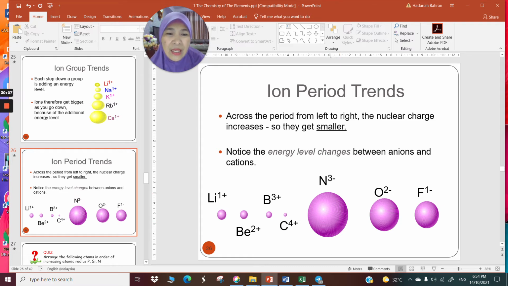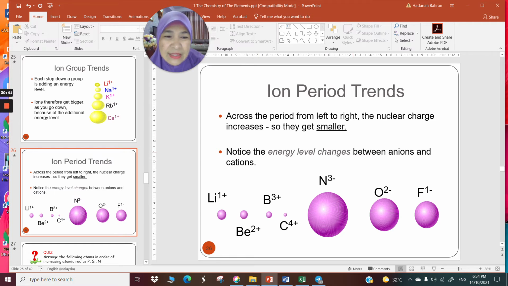For example, lithium plus is bigger than beryllium 2 plus, bigger than boron 3 plus, bigger than carbon 4 plus, because the nuclear charge increases but the electrons become less and less. Therefore, you have more pull towards the cation, so the size of the ions will become smaller.